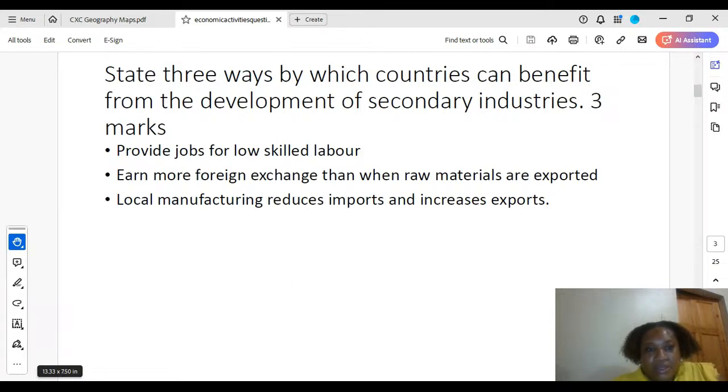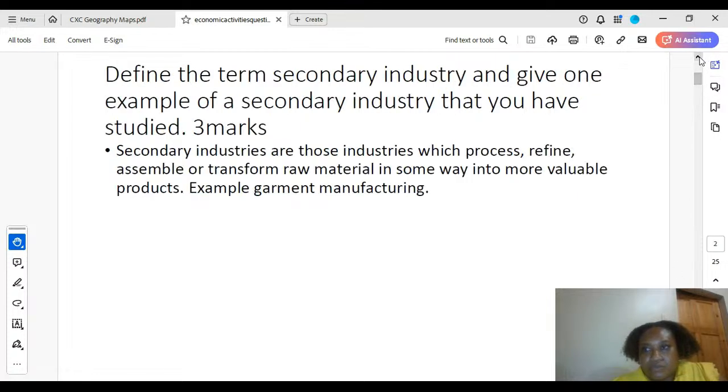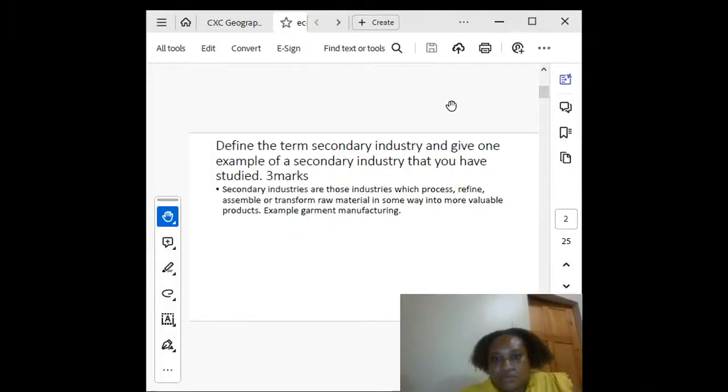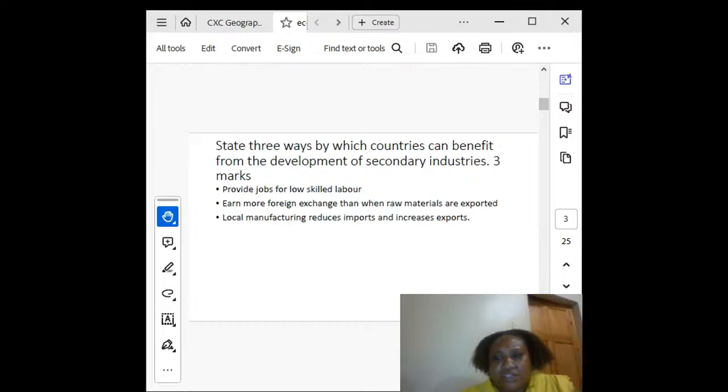Second question is state 3 ways... let me go back up. Right, an example of secondary is food processing, that is with Singapore and Trinidad, and then you have garment manufacturing in Hong Kong.